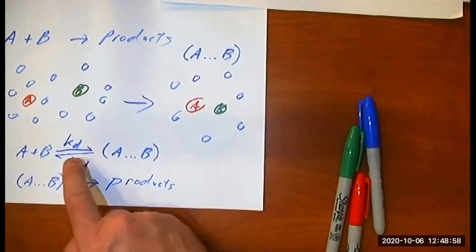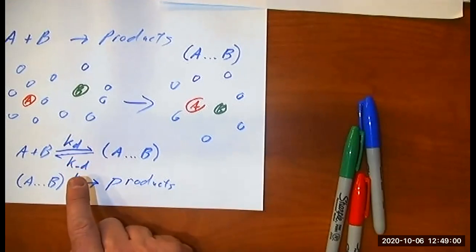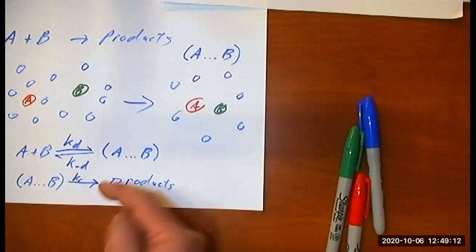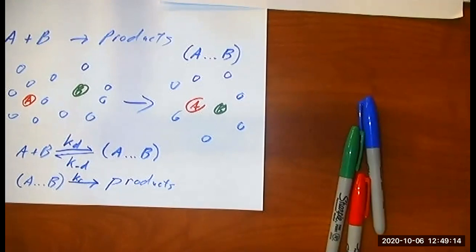That means that the KD step is the rate limiting step. And so as long as KR is big enough, it doesn't matter what KR is. There is a maximum speed at which reactions can happen in solution, and that's determined by KD. That is known as a diffusion-controlled reaction, and it's a limit. It's a speed limit for these reactions.